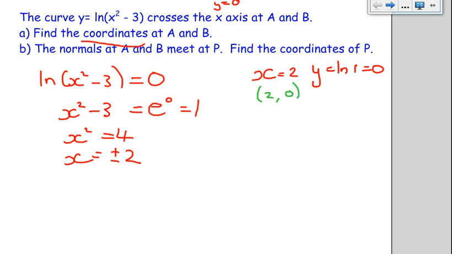Now if we put in our other coordinate for part A, when x is equal to minus 2, y will be equal to ln of, well, it's going to be exactly the same, isn't it. ln of minus 2 squared is 4, so ln of 1, which is equal to 0. And we expect that because if you go back to the question, it just said it's where it crosses the x-axis, it's where y is equal to 0. So we've got 2, 0 and minus 2, 0.